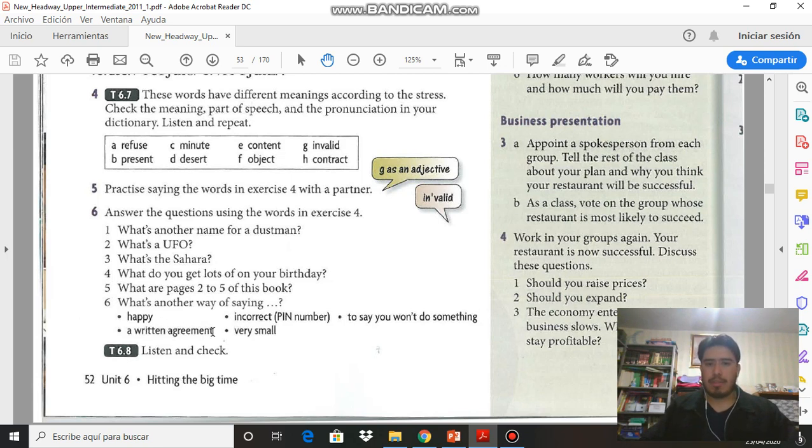A written agreement, incorrect, for example, a PIN number, very small, or to say you won't do something. So remember using the vocabulary that we have here, and also depending if we are talking about a noun, a verb, or an adjective. Okay, so you can take around 10 minutes to solve this activity number 6.